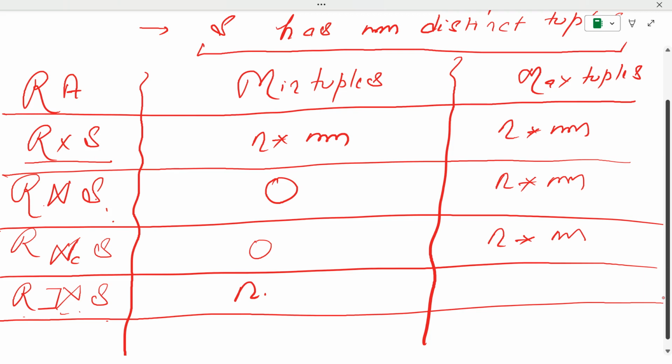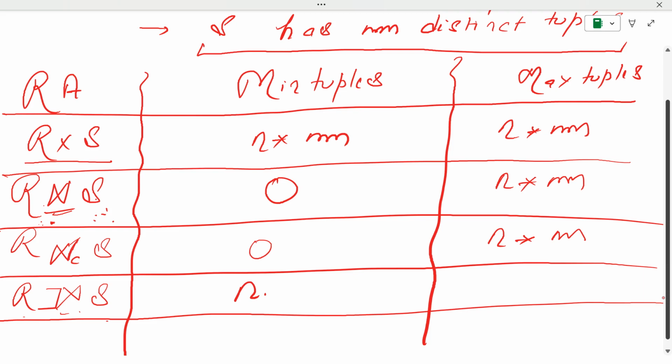Even in the natural join, if we have n and m tuples, the minimum number of tuples could be 0. If we don't have any common attribute, it will be n cross m.